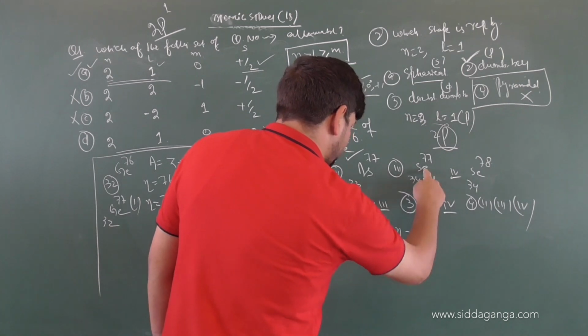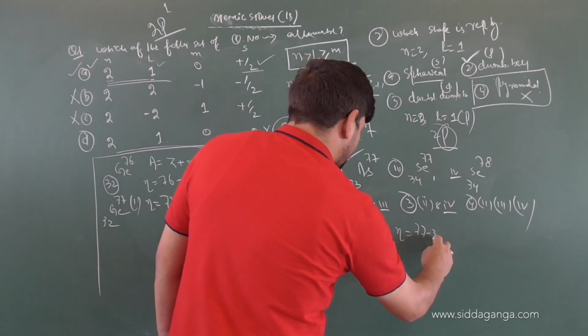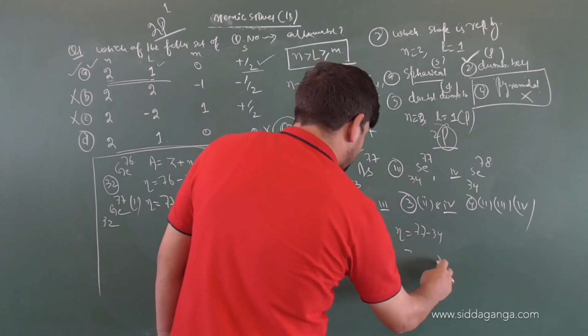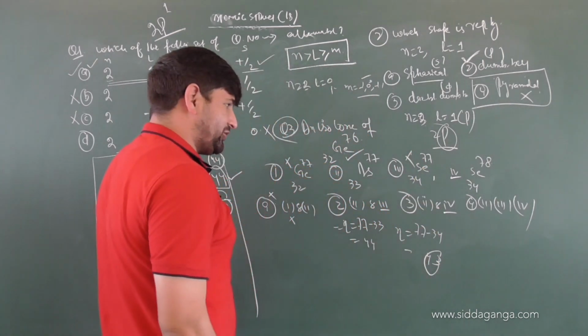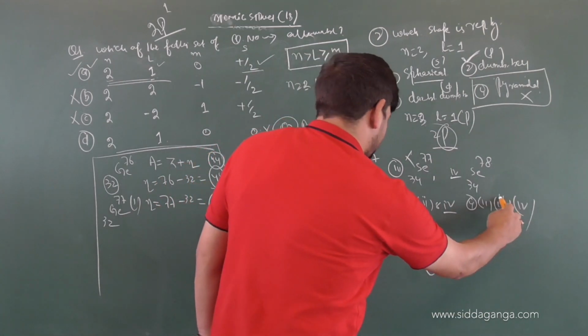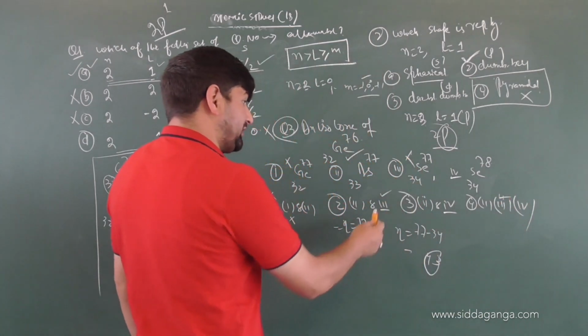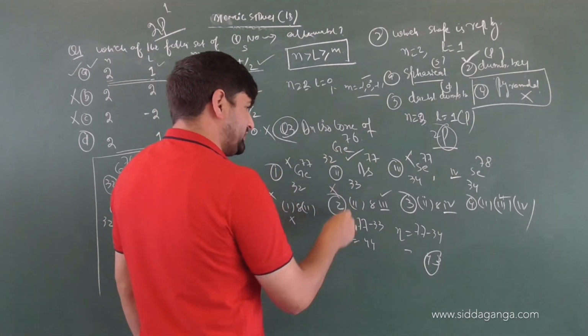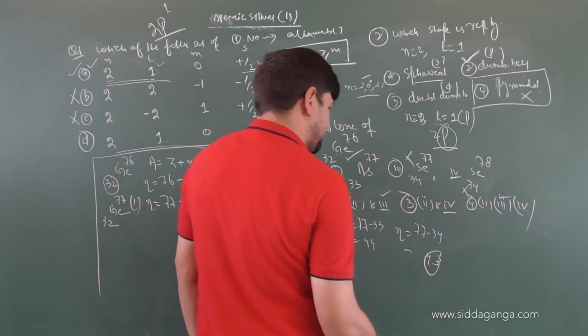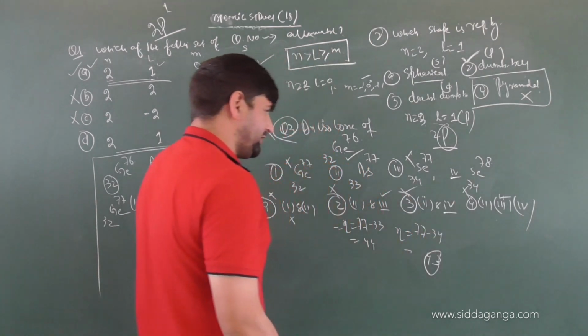Number of neutrons in third one, 77 minus 34, that makes it 43. So third one also is not the correct option for us. So this contains third, this also contains third, but third is not the isotone of germanium. So option 2 is eliminated and 4 is also eliminated. So correct option will be definitely option 3.